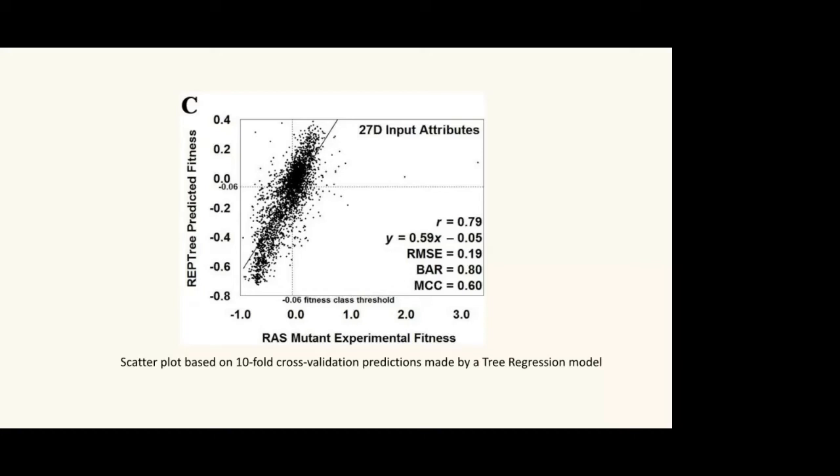If a dot lies in the first or third quadrant, that means we correctly predicted it as either malignant or benign. If it lies in the second or fourth quadrant, then we incorrectly predicted that mutation. You can see that the density of dots is much greater in the first and third quadrants, and that's a good sign for our model.